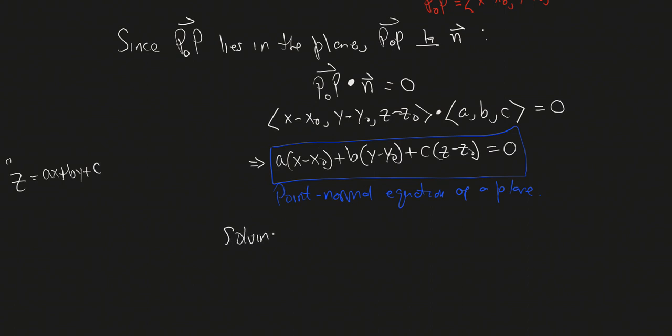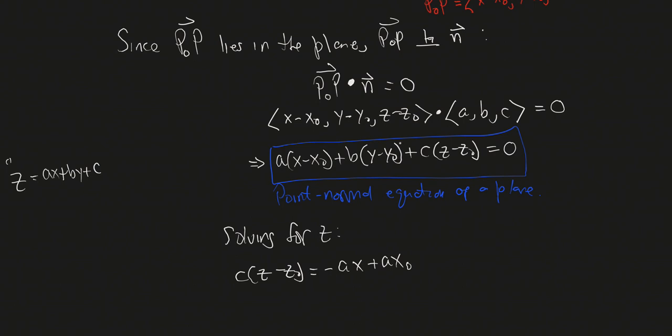So, solving for z, we'll have c times the quantity z minus z0 is equal to negative ax minus ax0. Well, that will be plus, because when I move this term over, this coefficient becomes negative, but after I distribute it, those two negatives will make it a plus ax0.